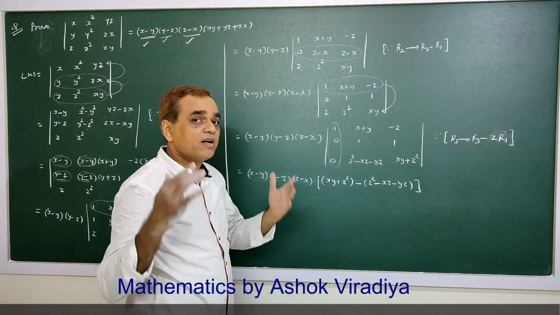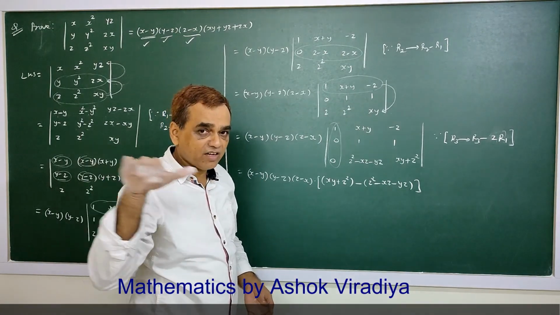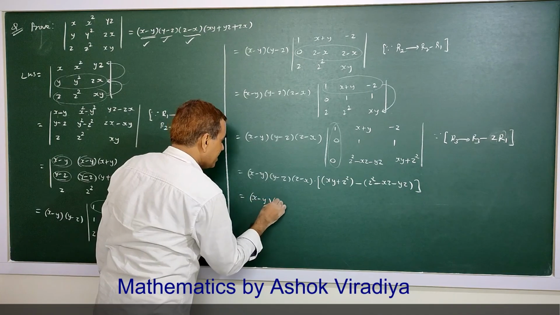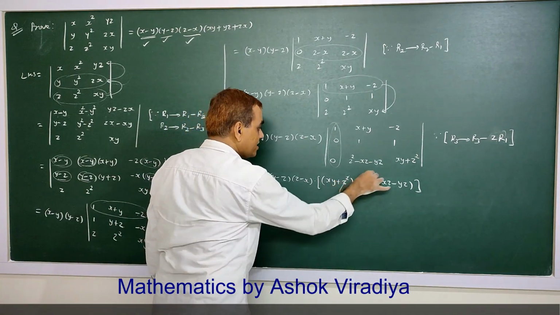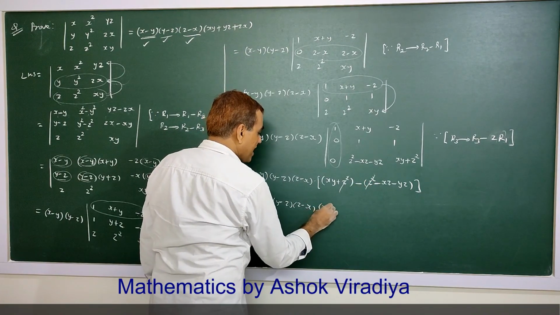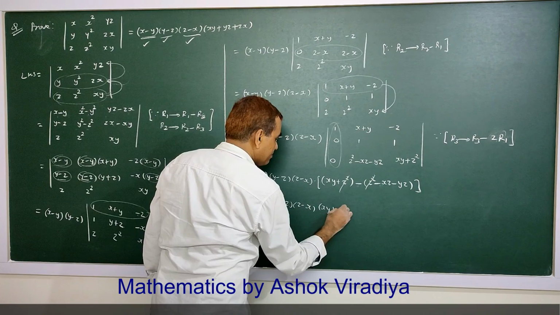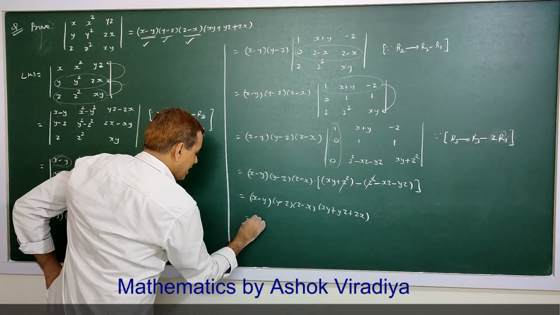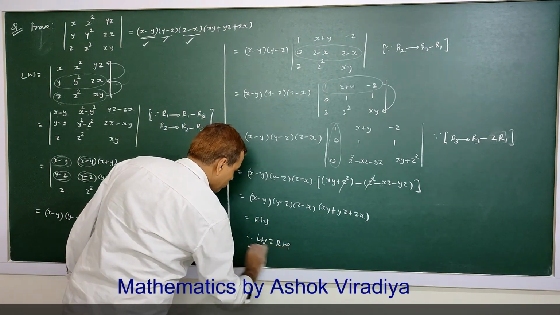So at last, try to get two zeros in any one column or in any one row. So this is x minus y, y minus z, z minus x. Here z square will be cancelled. So xy plus xz plus yz. So this is required RHS. So LHS is equal to RHS.